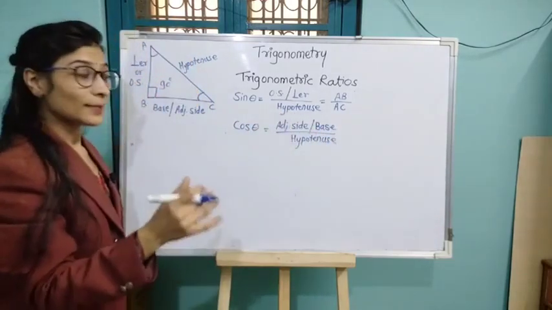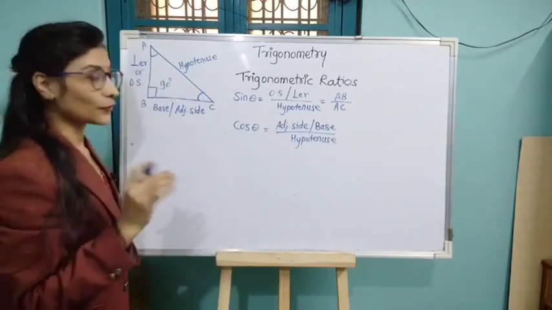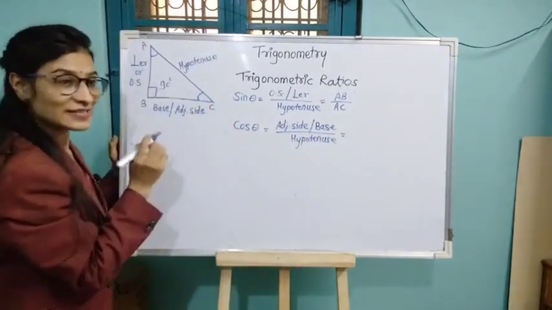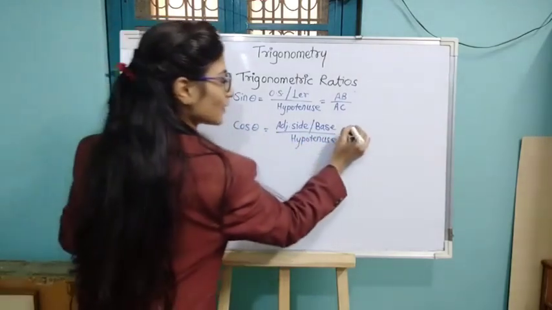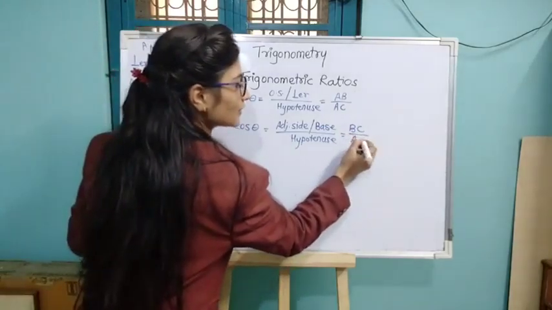Adjacent side or base divided by the hypotenuse gives the cos ratio, the value of cos theta for the angle C. Now the base or adjacent side is BC and the hypotenuse is AC, so we consider AC here.